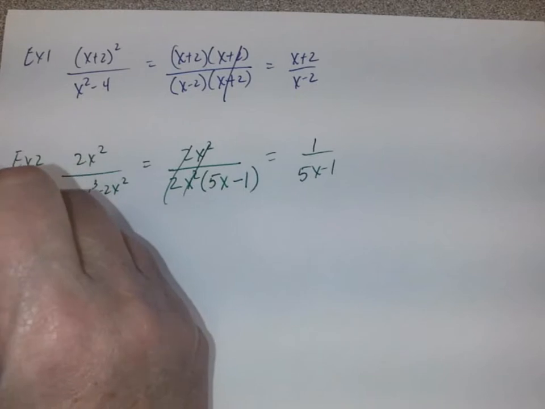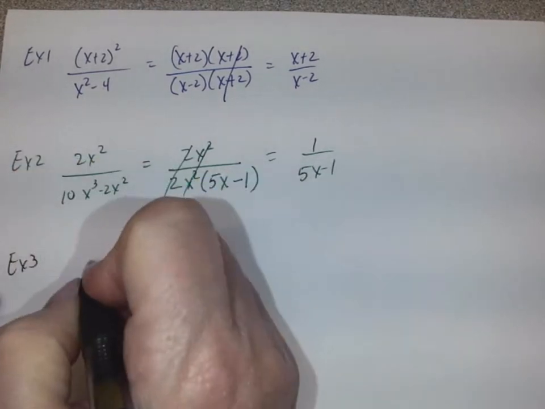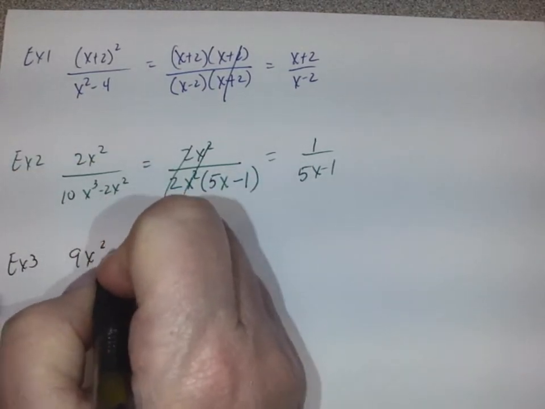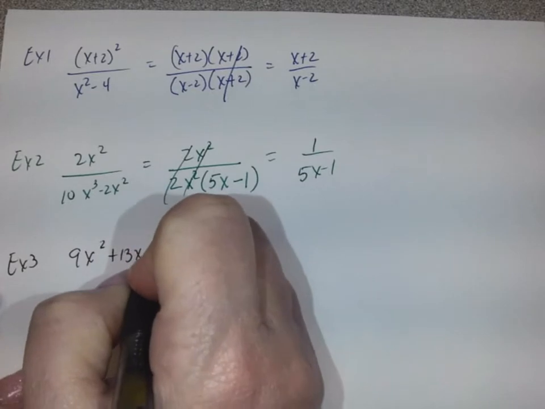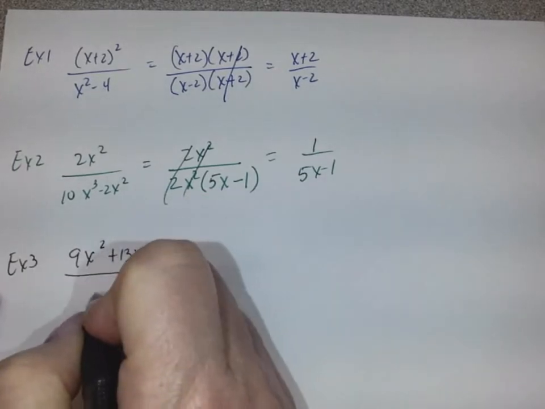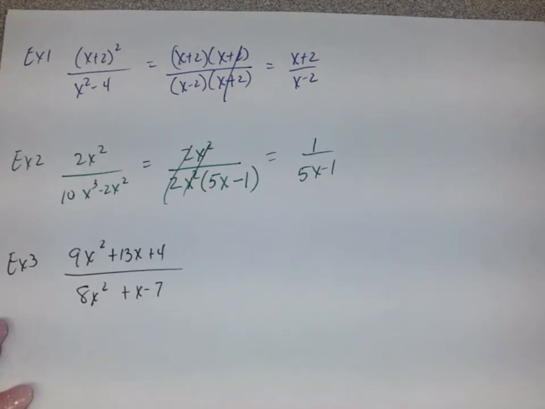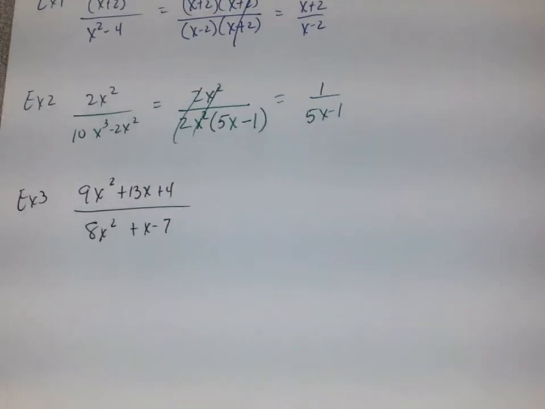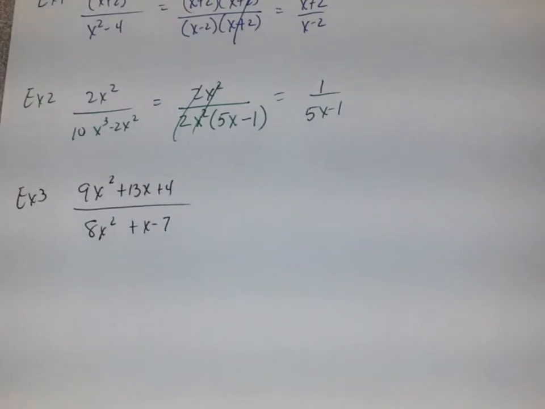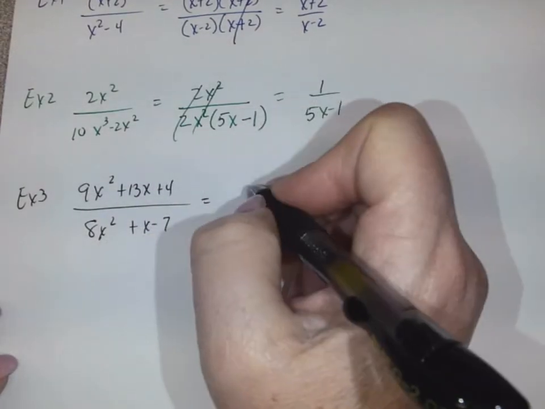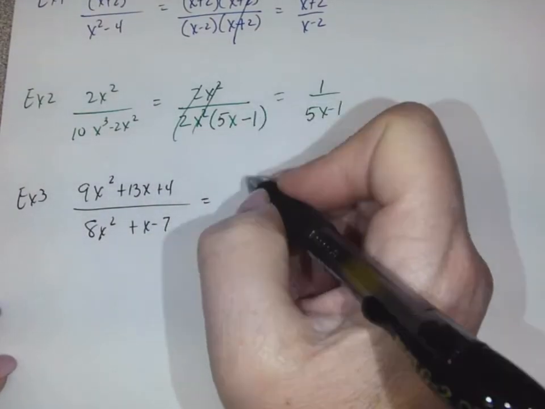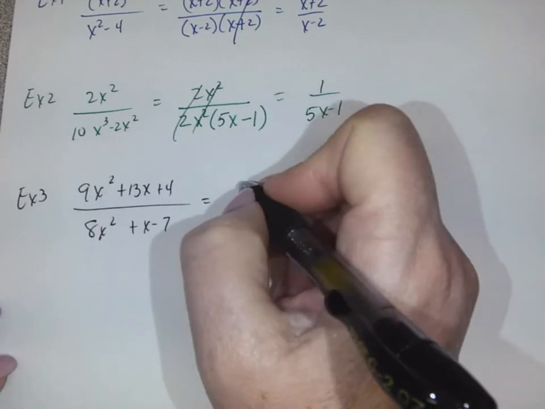All right, example 3. We have 9x squared plus 13x plus 4 over 8x squared plus x minus 7. Now this is where you need to know how to factor. If you don't remember how to factor, there's a video on AC method factoring. It's a good way to do it. I'm not going to do all of the factoring here because it would take us forever.